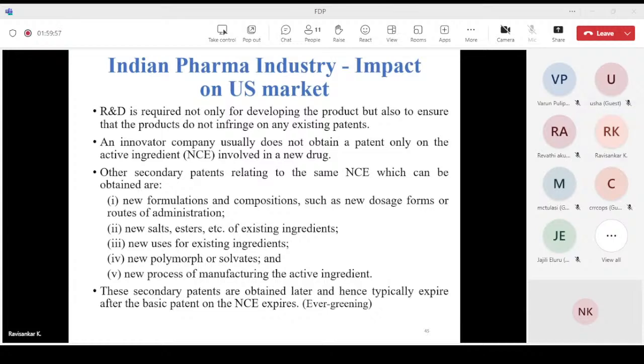So, for developing a product, we need R&D. R&D is required not only for developing the product, but also to ensure that the products do not infringe on any existing patents.